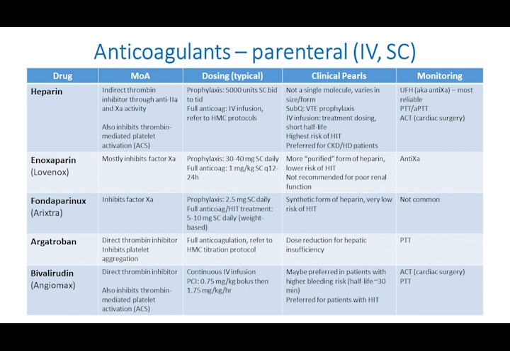When we're talking about full anticoagulation for Lovenox, it is usually 1 mg per kg sub-Q. Notice that for Lovenox, prophylaxis and full anticoagulation dosings both use sub-Q, whereas in heparin, prophylaxis dose is sub-Q and full anticoagulation is IV.